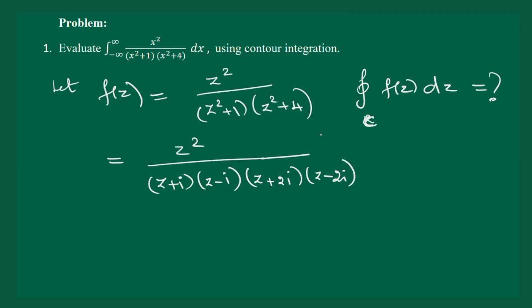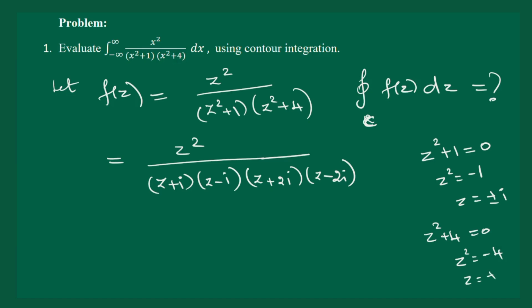Or otherwise, we can take z square plus 1 equal to 0, so z square is equal to minus 1, so z is equal to plus or minus I. Similarly, for z square plus 4, z square is equal to minus 4, so z is equal to plus or minus 2I. So these are the factors.